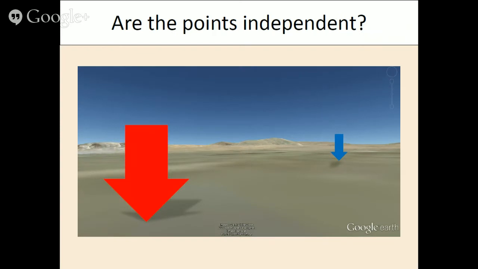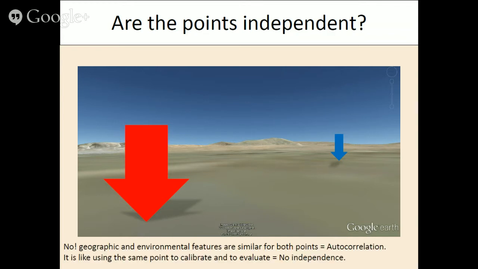But if we go to the ground, we can see that the landscape and the geographic distance, and maybe the environmental and climate factors, are very close between these points. So even when they could be collected by different groups of people or in different places, they are not independent data. If the question is whether they are independent, no, because there is a level of autocorrelation here.